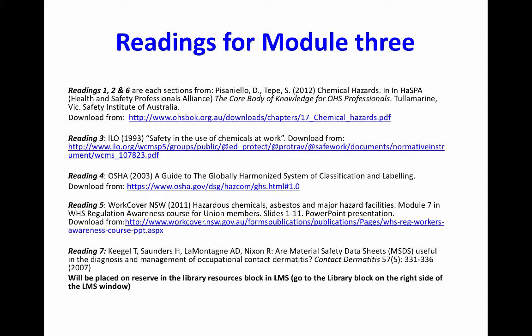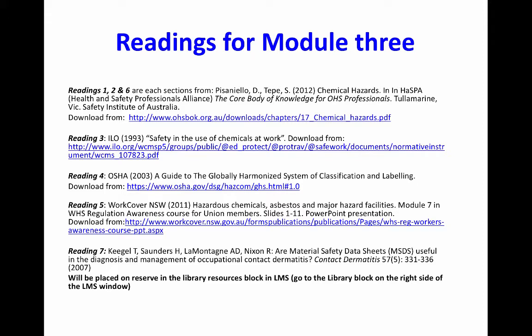Now, this is a list of readings for this module, and these readings will also be available as a completely separate slide. But just quickly to go over these readings. Readings 1, 2 and 6 are from Pisanello and Tepe, and you can download this from the URL which is listed there. Reading 3 is from the ILO, Safety and the Use of Chemicals at Work. Once again, you can download in the listed URL. Reading 4 is from the Occupational Safety and Health Association from the United States, again able to be downloaded.